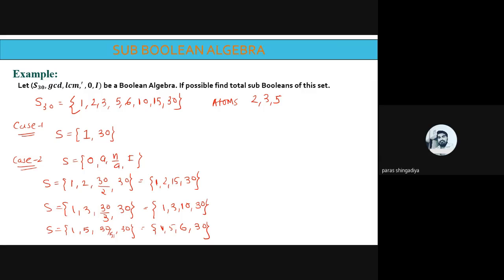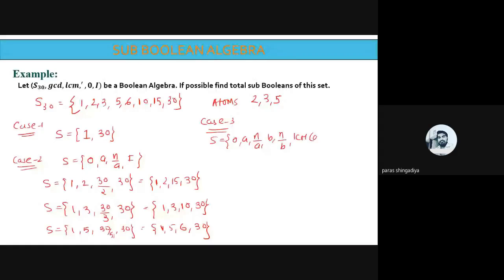And now for case number 3, identify the sub-Boolean algebras for 8 elements. So the formula for 8 elements is the 0 element, n by a, b, n by b, then LCM of a comma b, n upon LCM of a comma b, and then the I element.